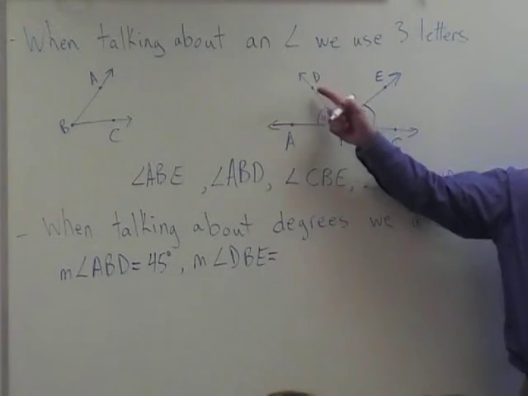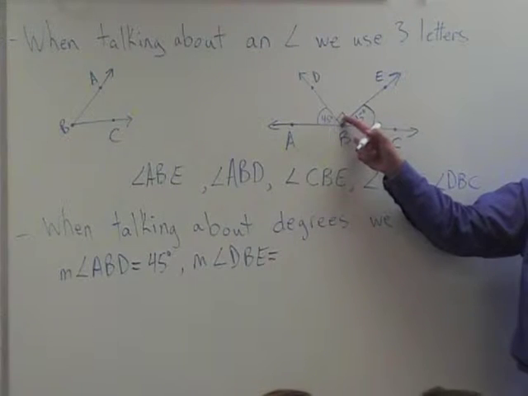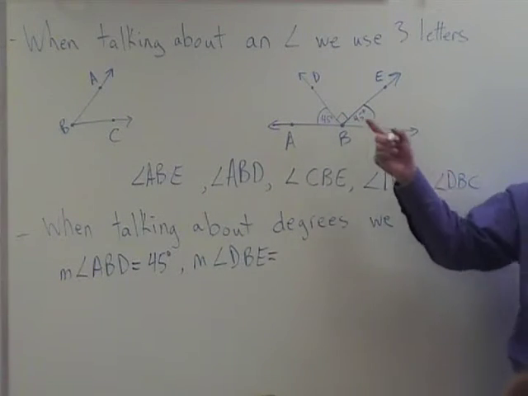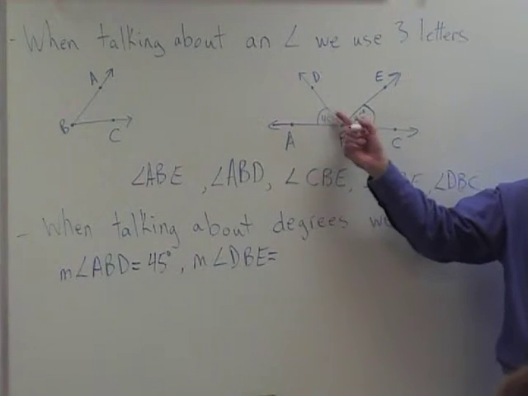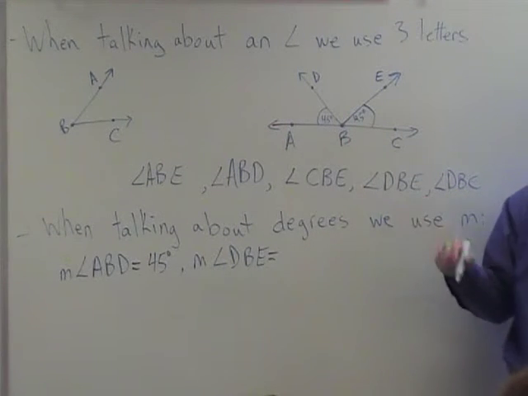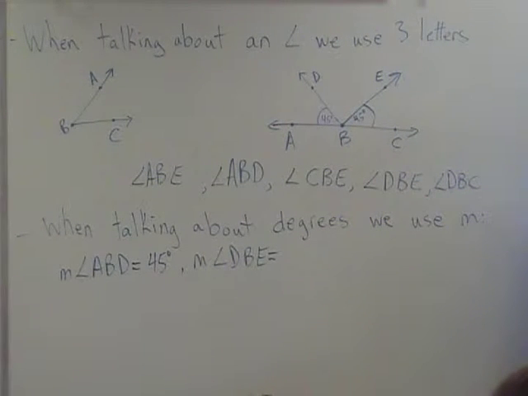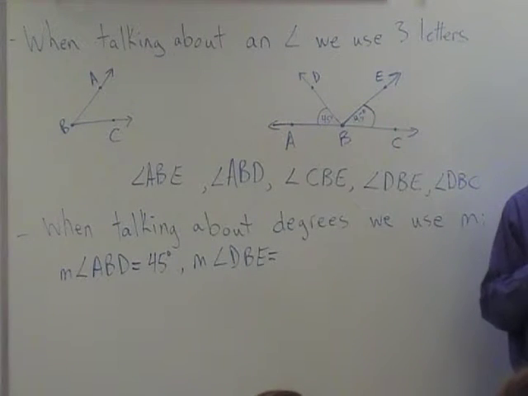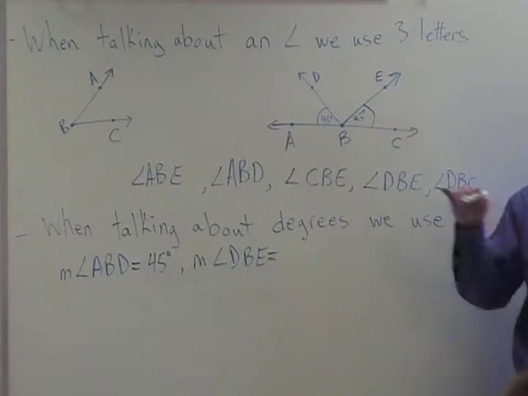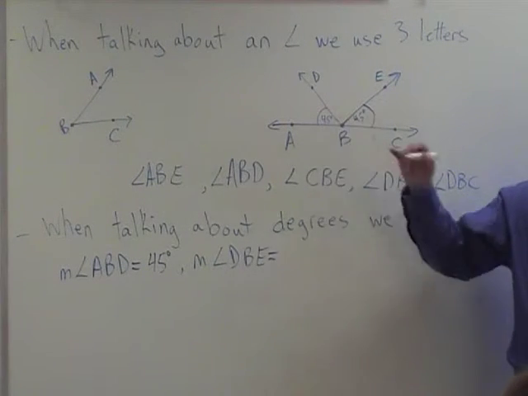90 degrees. DBE. So this little symbol here means 90. The other way, if I didn't even have that symbol in here, how could you figure it out? Adding those up gives you 90. What does that have to do with this angle? Oh, it's a right angle. But I took the right angle symbol out. How do you know it's a right angle?